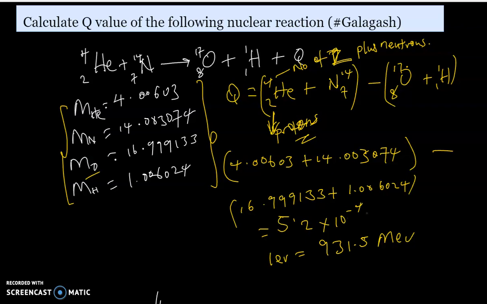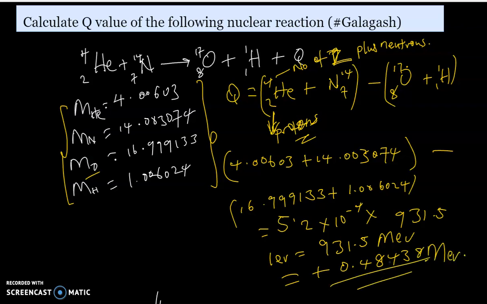So multiply whatever you have here by 931.5 MeV, so that our final answer becomes positive 0.48438 mega electron volt.